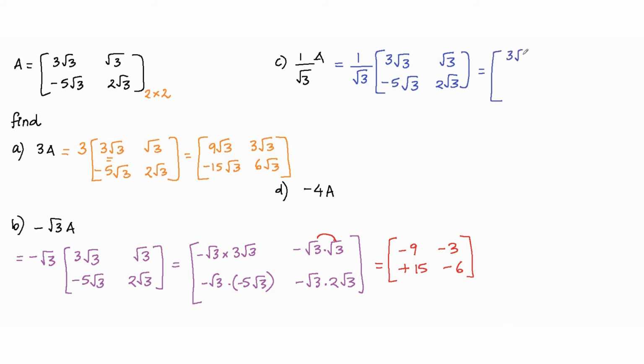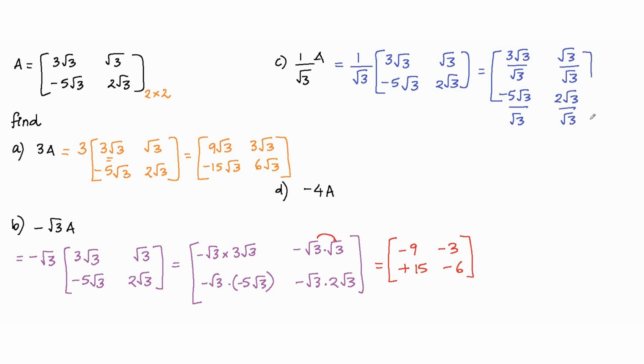So this becomes 3 root 3 upon root 3. Then root 3 upon root 3. So basically multiplying by 1 by root 3 means each element is getting divided by root 3. Then I have minus 5 root 3 by root 3 and 2 root 3 by root 3.